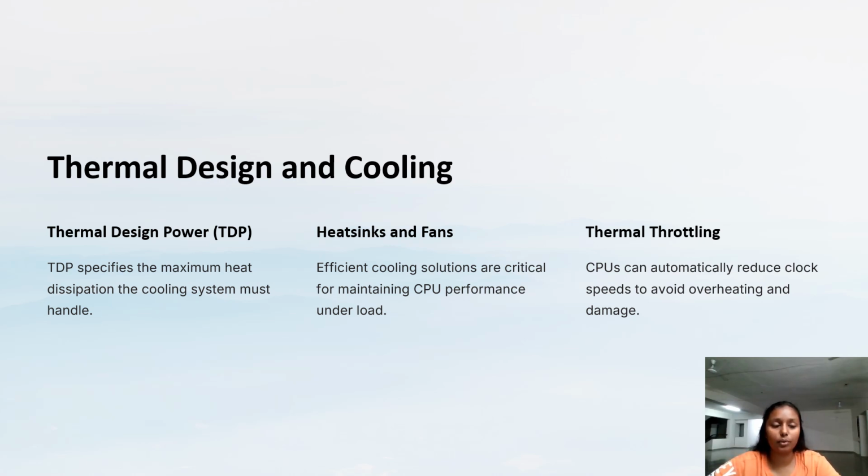Features such as PWM, which is pulse width modulation, control allow fans to adjust their speeds based on the CPU temperature, providing quiet operation during light loads and increased cooling during heavy usage. In CPUs, these sensors allow the processor to dynamically adjust its performance to prevent overheating.